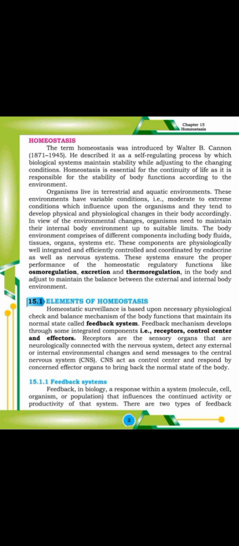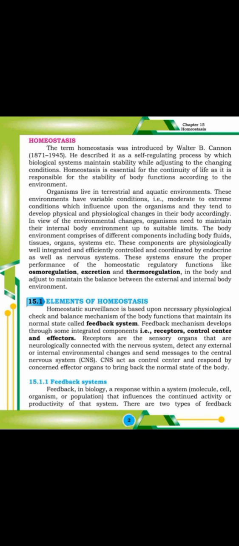So dear students, receptors are the sensory organs that are neurologically connected with the nervous system, and they detect any external or internal environmental changes and send messages to the central nervous system or CNS, which is the control center.